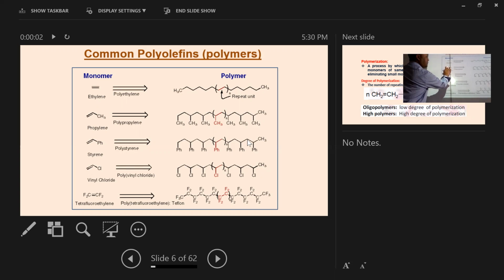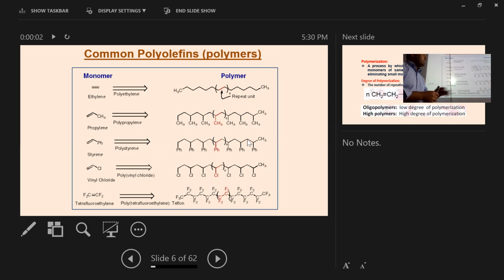You should have these types. So this is CH3, and then this is C, here is the double bond and C. So this is your one repeating unit. This is another repeating unit, like this. So you are always getting the repeating part.